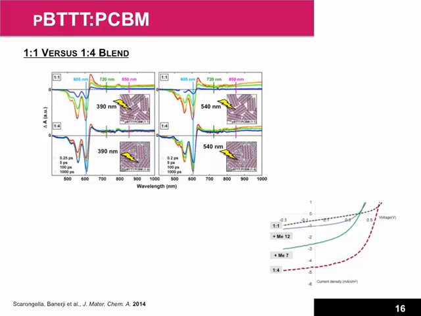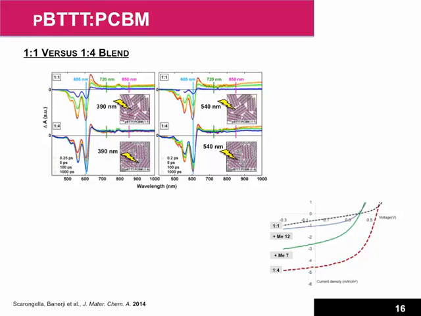And we found that in the 1-to-1 blend, where all the fullerenes are intercalated, we don't really see much change to the spectrum, and the spectrum that we get even at very early time delays is immediately due to charges. So we generate charges promptly in this blend, which makes a lot of sense given what I showed for the previous polymer, because there is just no exciton diffusion necessary, and there's this proximity between the polymer and fullerene, so all the charge separation is really, really fast.